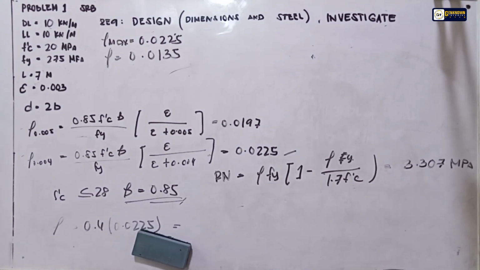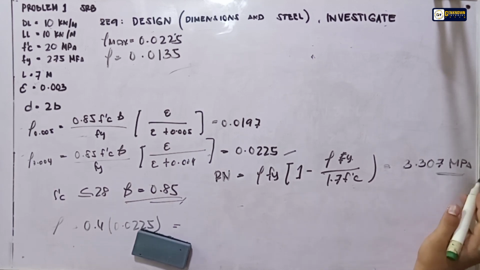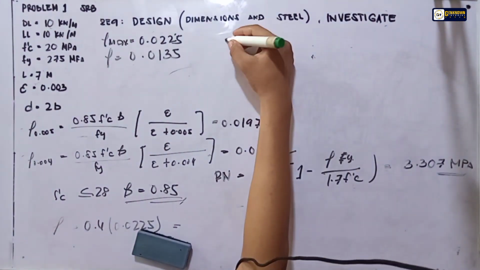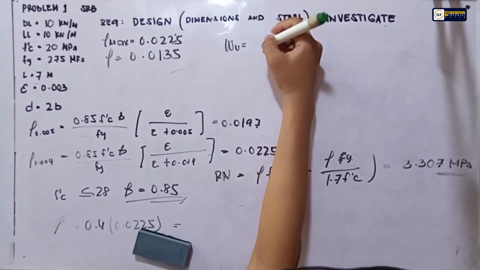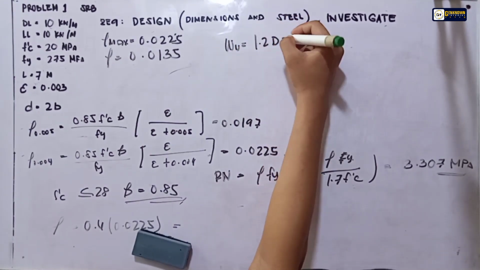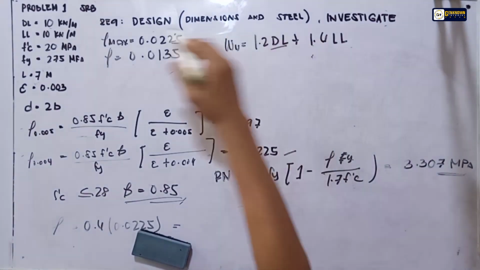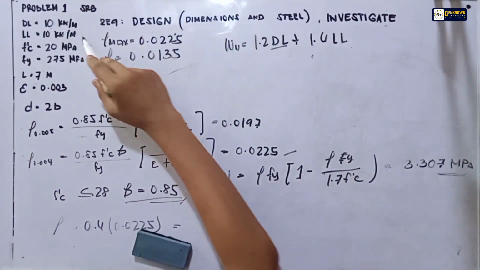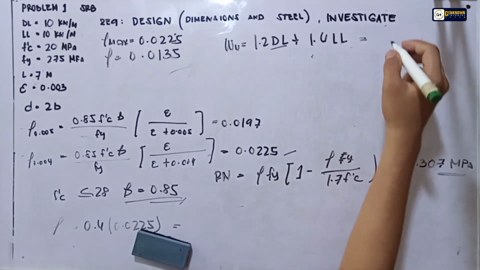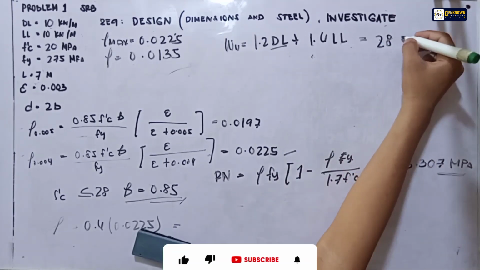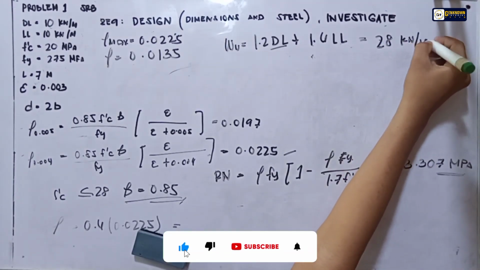So by the way, we need to solve the factored load. So factored load, ang allowed is 1.2 ng dead load plus 1.6 ng live load. Ang dead load natin is ito, ang live load natin is 10. So ang answer dyan is equal to 28 kN per meter.